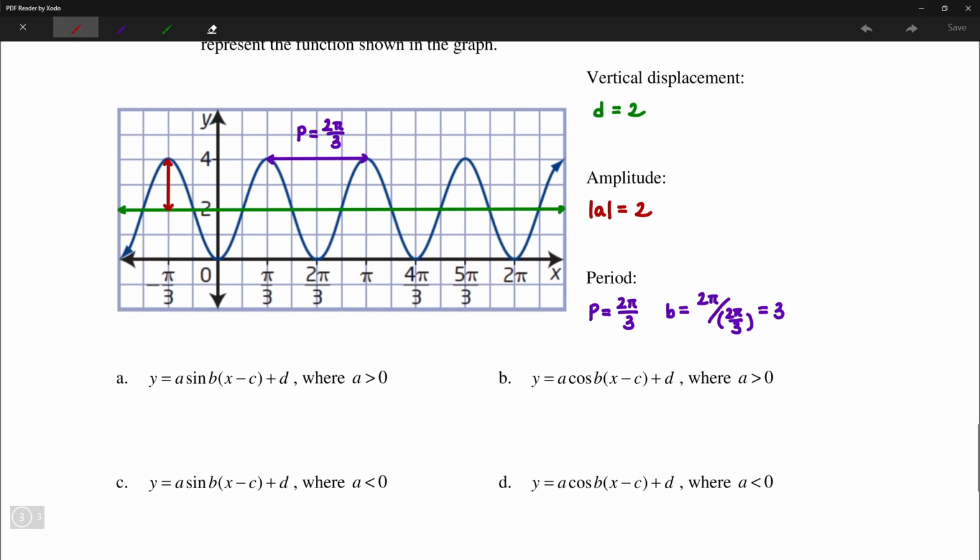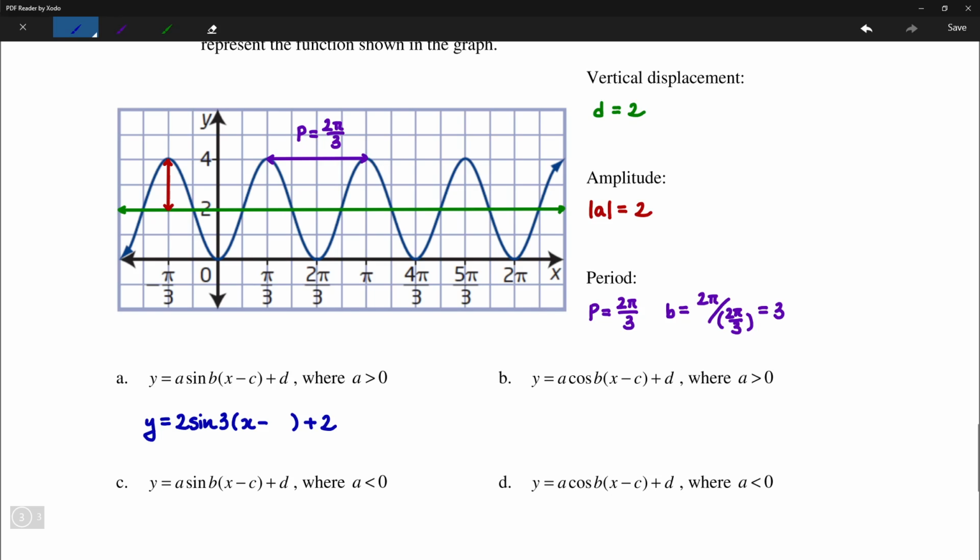So we already know a few bits of information. We know that the A value is going to be 2, positive 2 in fact, because the function is positive. And then we have sine, and then this will be 3, and then x minus, we don't know that number yet, and then plus 2 at the end.